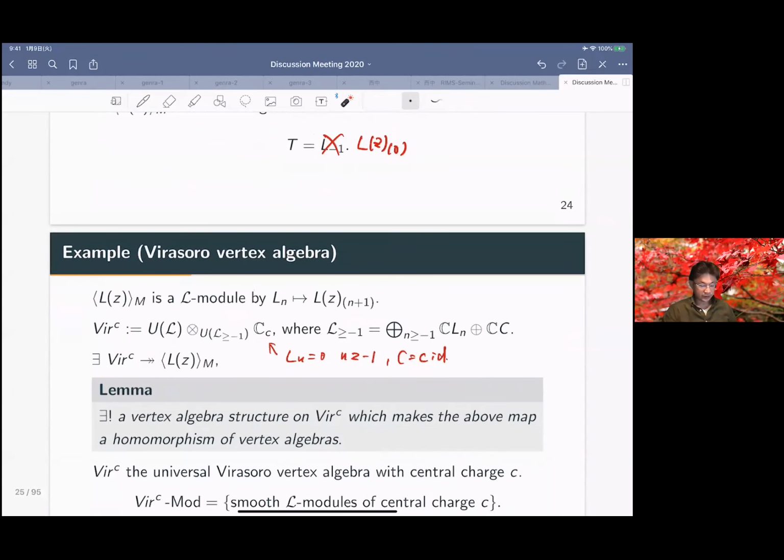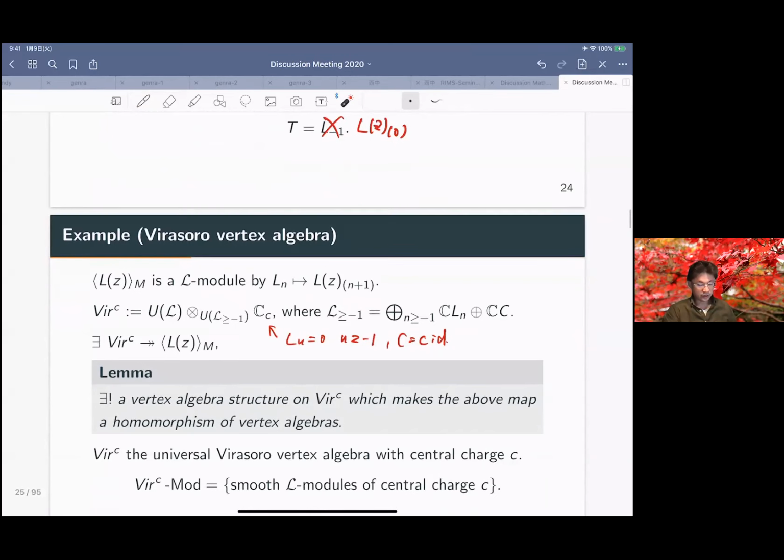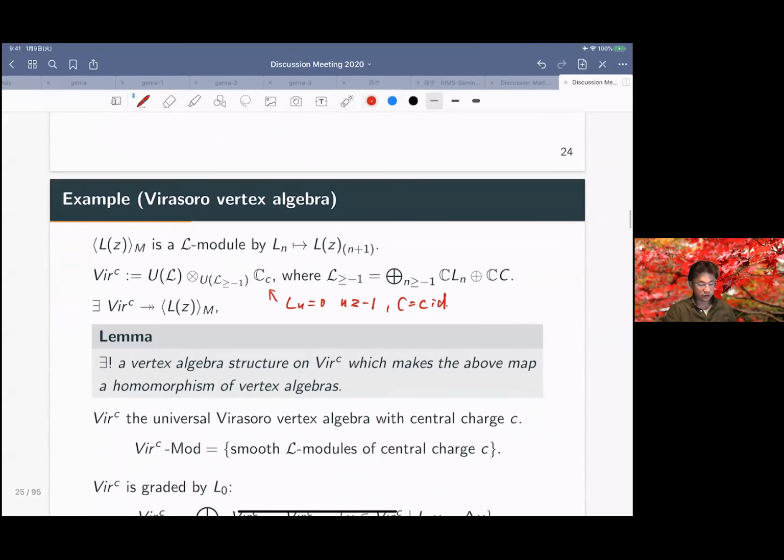So this vertex algebra structure is uniquely determined by Y of, first, the vacuum vector, which is of course 1 tensor 1, and Y of L_{-2}|0>, which is L(z).